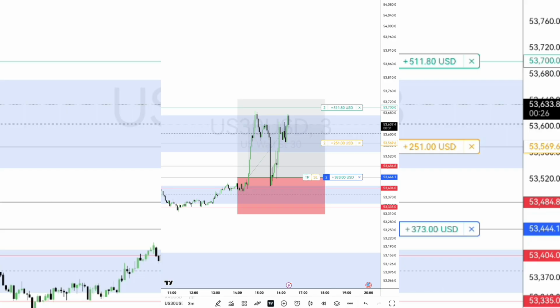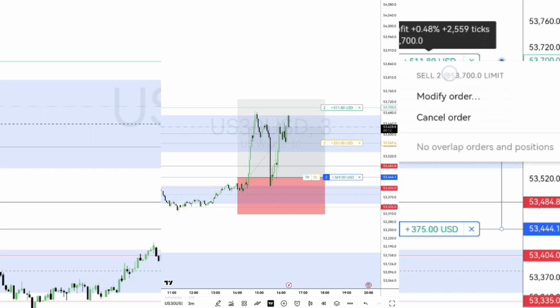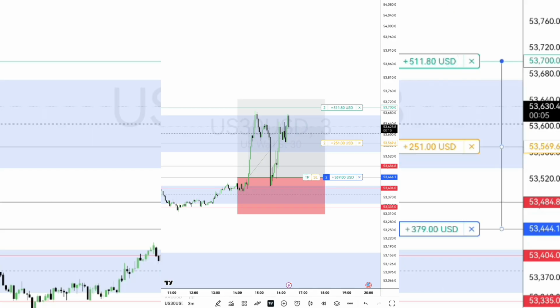One of the things that I noticed on my trades is I was not placing my TPs right. Price would go and hit me on TP and then still go back and take me out at breakeven because I did not place it right. For example, it's supposed to be directly at the high here.